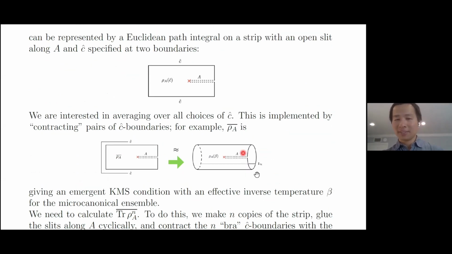And this gives, roughly speaking, a cylinder. In this picture, it looks like a cylinder. But if we really think of A and A bar in the full system with no boundary, then this is like a torus. So this gives an emergent KMS condition with some effective inverse temperature beta for the microcanonical ensemble.